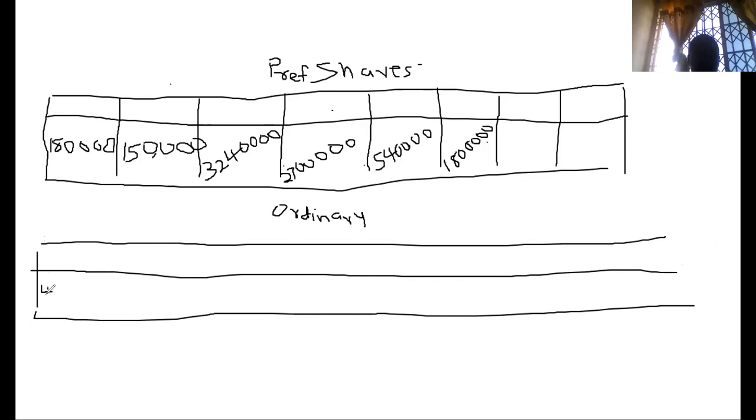That was 400,000. But the number of shares that were allotted will be 200,000, right? Because they can't allot more than what they have put out for subscription.